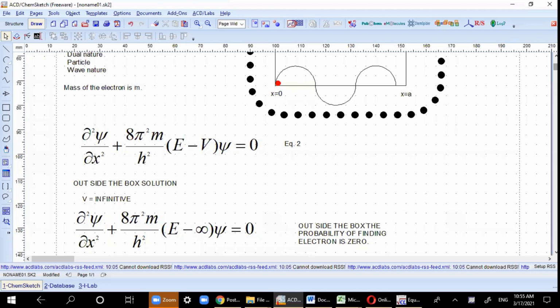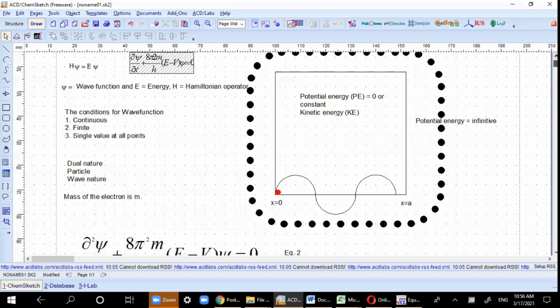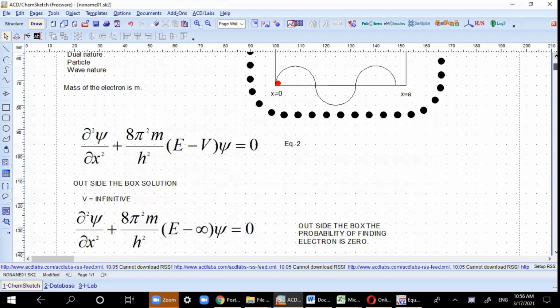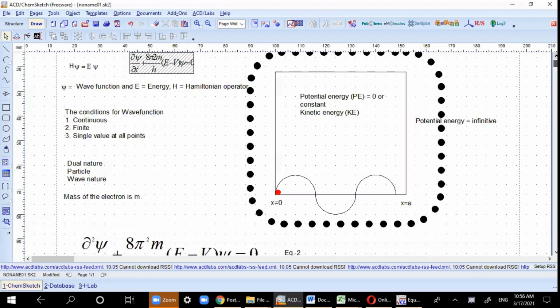But as per our syllabus we stick to the one-dimensional equation, that is dou square psi by dou x square plus 8 pi square m by h square into E minus V into psi equal to 0. Are you clear with this?